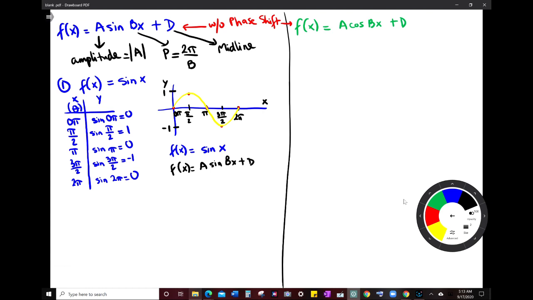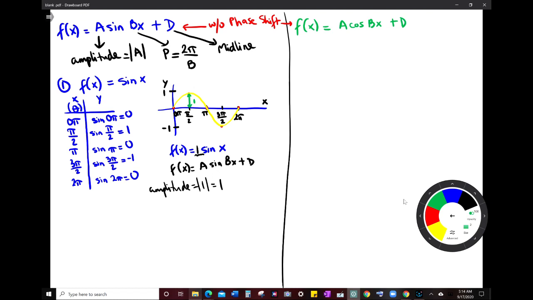So then a is the number in front of sine of x, and I don't have any number here, that means it's 1. Okay, so my amplitude equals absolute value of 1, which is 1. And it actually matches my graph here. Okay, amplitude of this graph is 1.